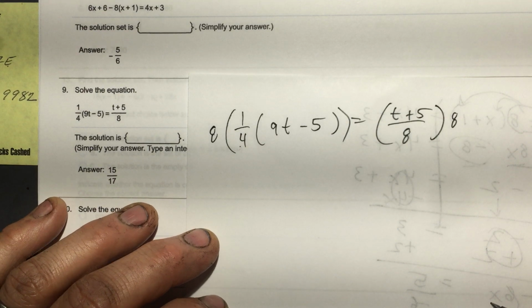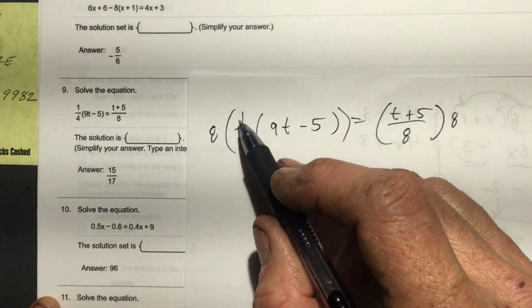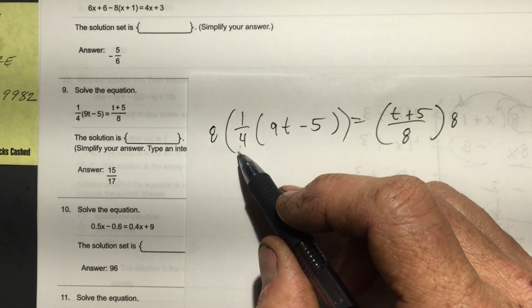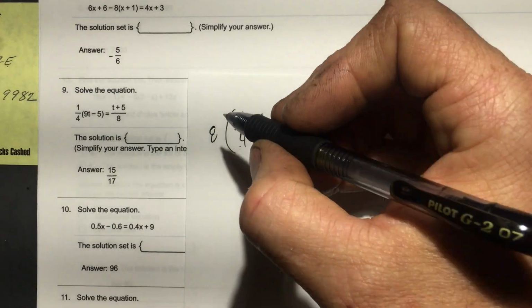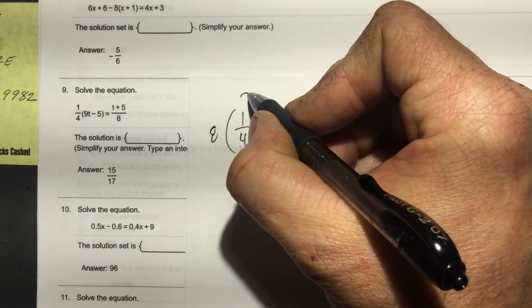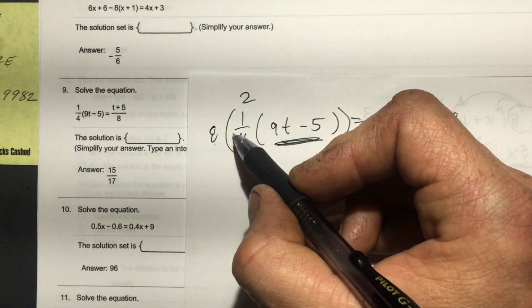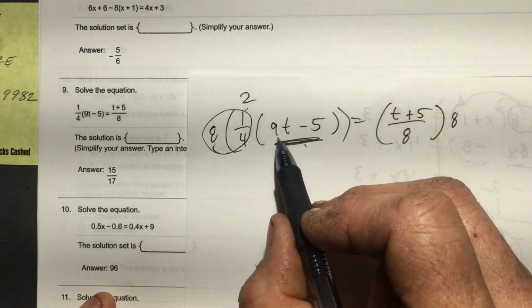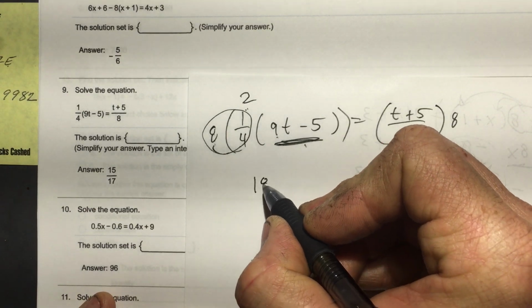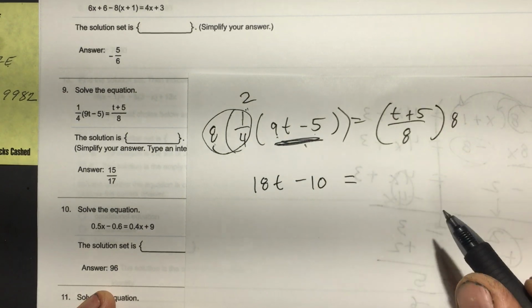Okay. Now, when I multiply by 8 over here, well, 8 times 1/4 is 2. So essentially, I'm going to have 2 times this right here. So I got 2 times 9t, which is 18t. 2 times negative 5 is negative 10.